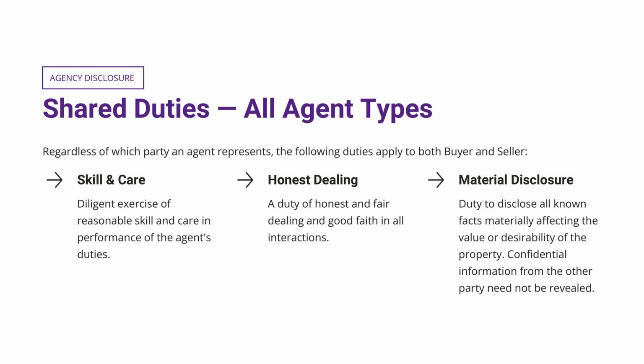Regardless of who you represent, all agents share fundamental duties to both the buyer and seller. These include exercising reasonable skill and care, ensuring honest and fair dealing, and disclosing all known material facts that affect property value or desirability. However, confidential information from the other party remains protected and should not be disclosed without explicit permission.